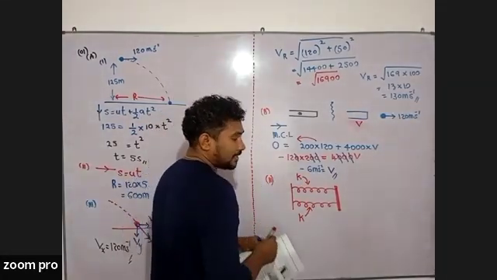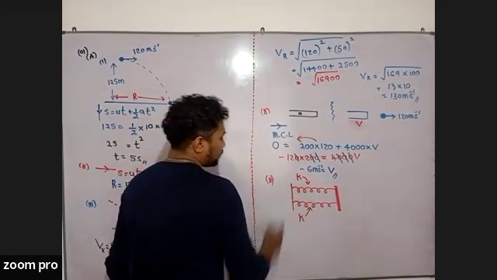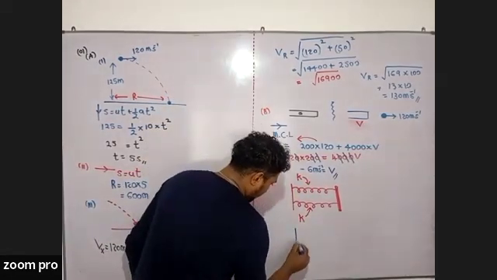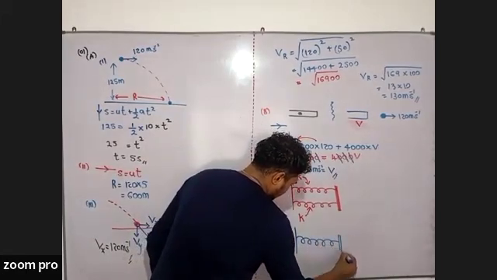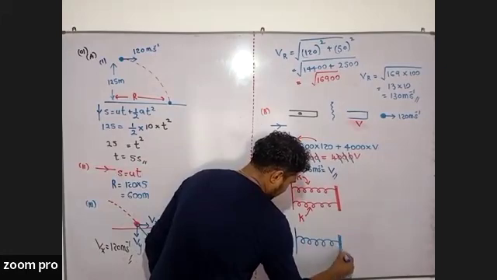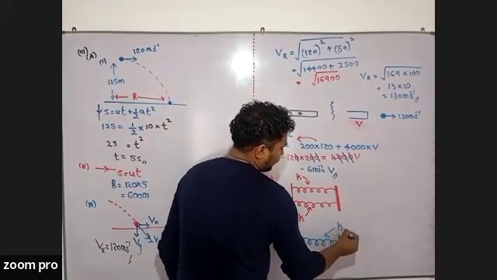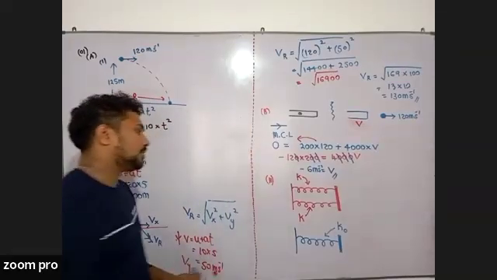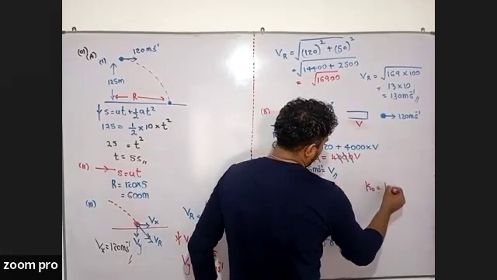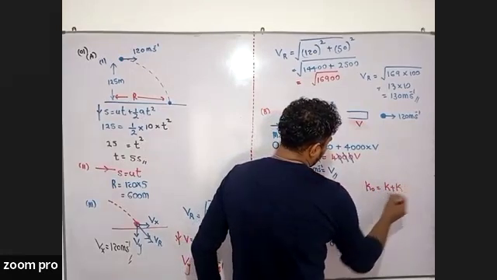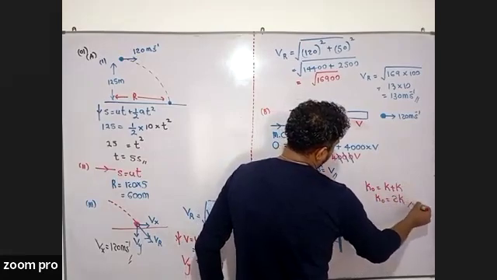So if we consider the equivalent spring constant of these two springs, let's assume the spring constant of the equivalent spring is K naught. Then we know that K naught can be obtained by adding these two. That is, K naught equals 2K.